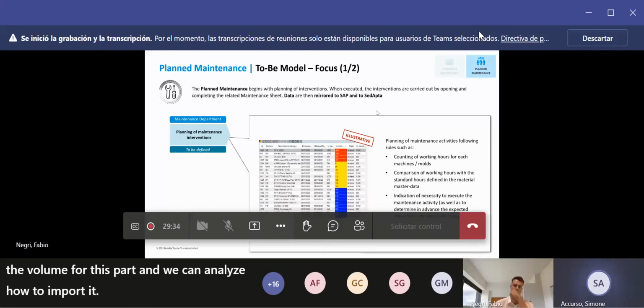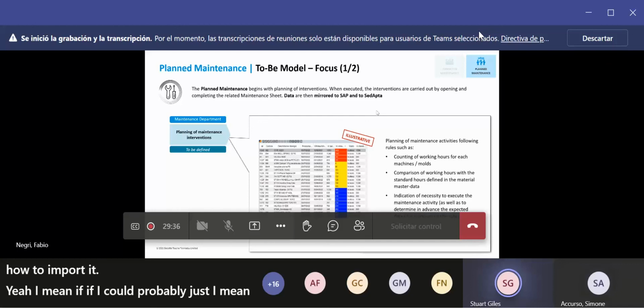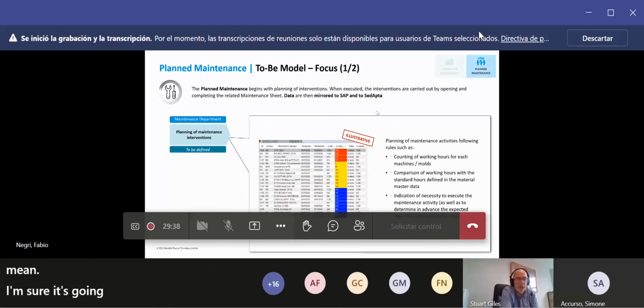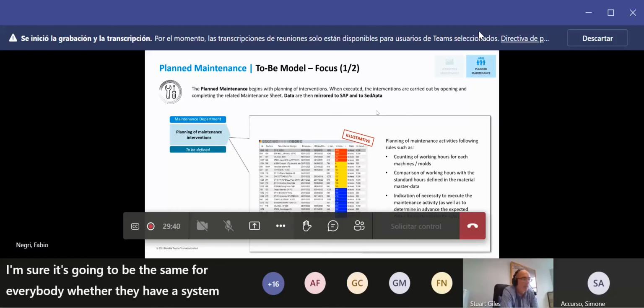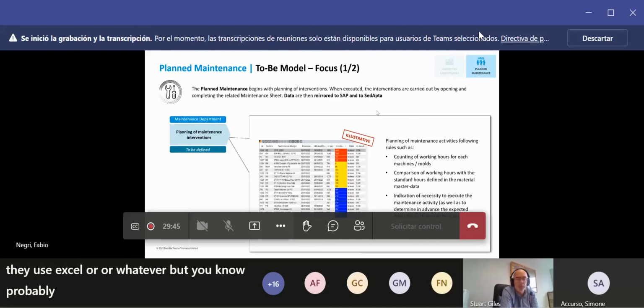Yeah, I'm sure it's going to be the same for everybody, whether they have a system or they use Excel or whatever. A few examples: if there was a customer complaint from 12 months ago, and it's not unknown that some customers take a year to use product, we may need to do an investigation into what work was carried out on the machine.